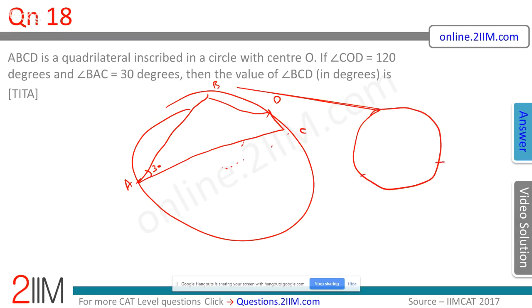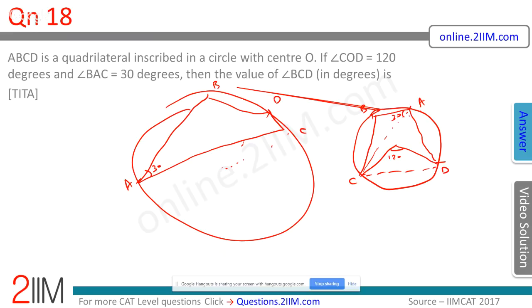So C and D, COD is 120, and then A and B, angle BAC. Angle BAC is 30. Angle COD is 120. What is the value of angle BCD? We want to find this angle.